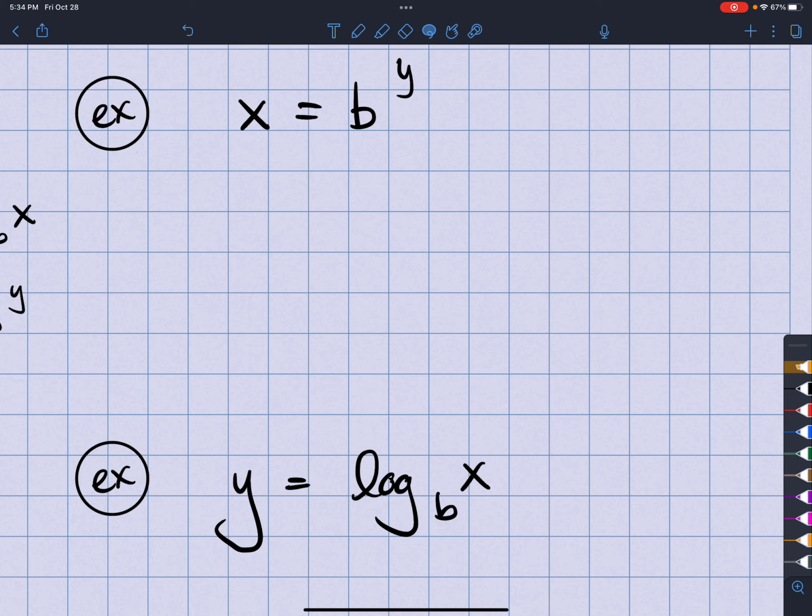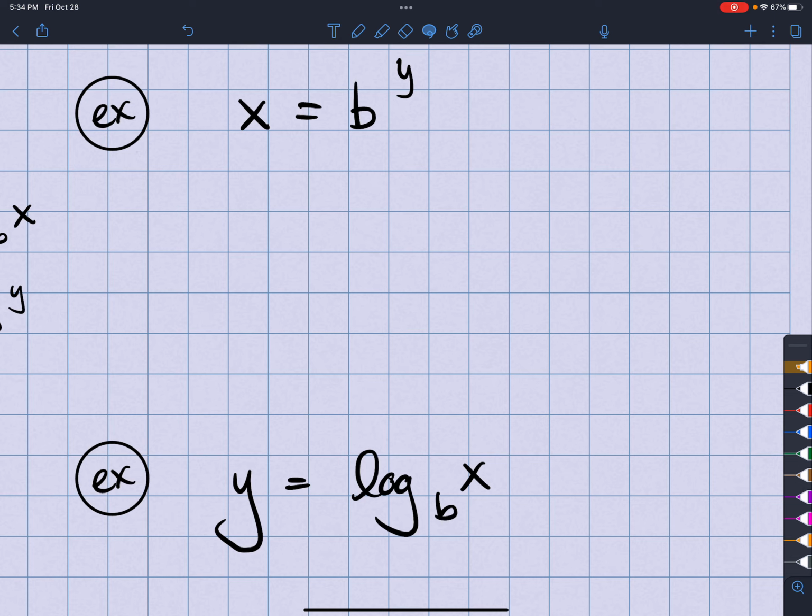So would this be u squared minus u minus 12 is equal to 0? Now that looks much more familiar, right? It actually looks like a quadratic. If I factor this, wouldn't this be u minus 4, u plus 3 is equal to 0? So I have u equal to 4 and u equal to -3.